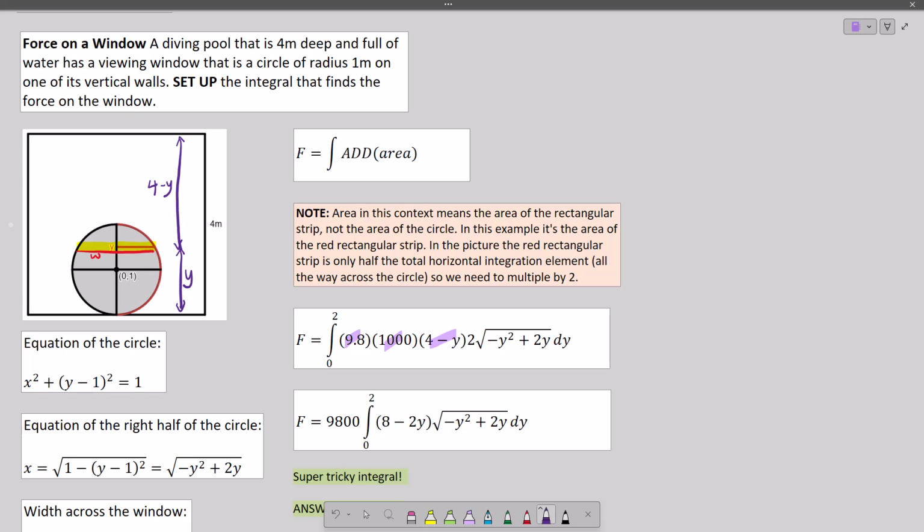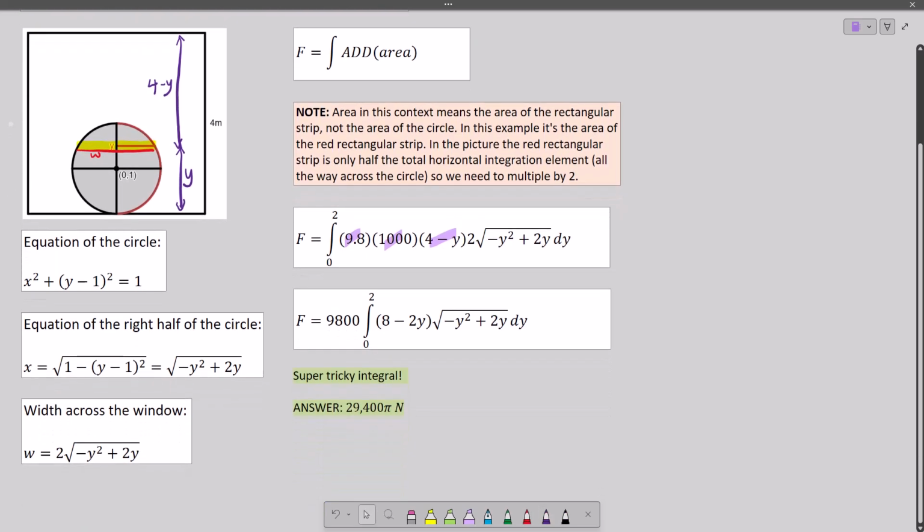Now to get this other part, to get the area, we definitely need to find the equation of the circle. And we say to ourselves, we're measuring horizontally, so we want to solve for x. The way this unit circle is positioned, it has the center at 0, 1. You can see that the radius is 1.